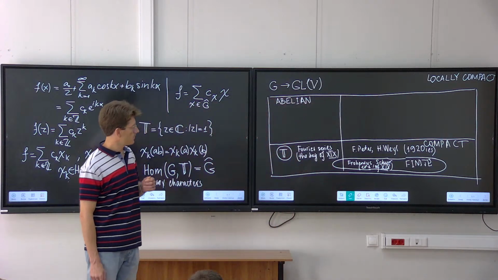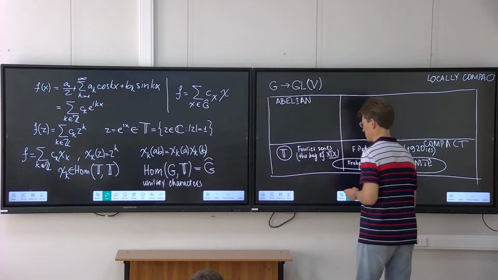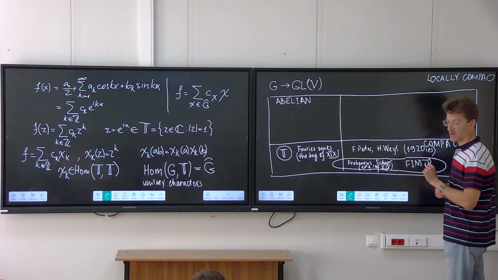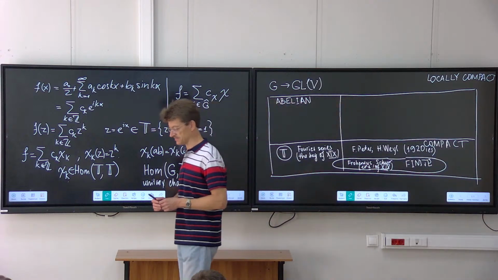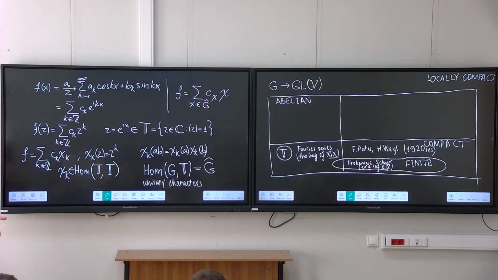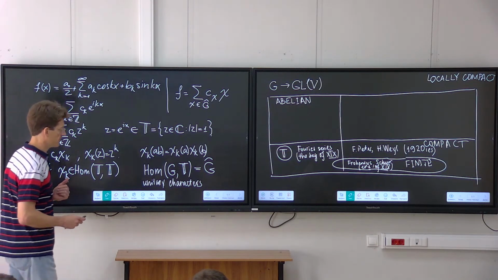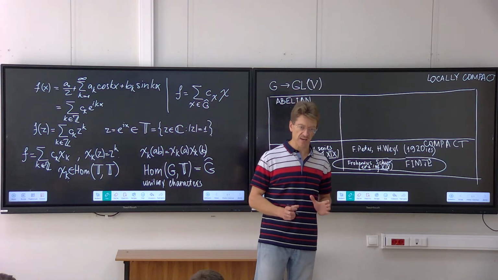Well, let me say a few words about another generalization of the theory of Fourier series, namely about harmonic analysis on abelian locally compact groups. So what if our group is not necessarily compact, but is still abelian? In this case, it turns out that we still have a rich supply of characters.